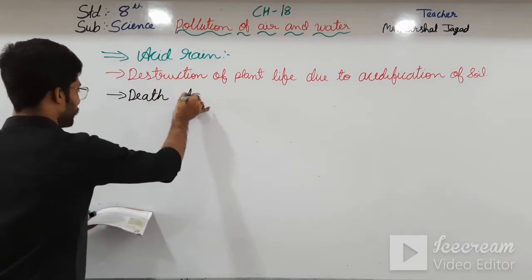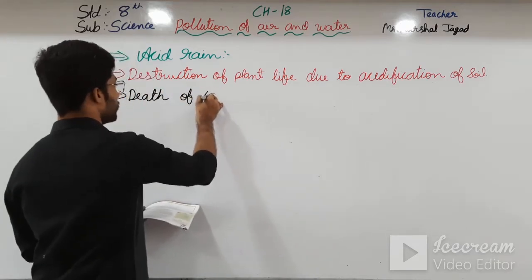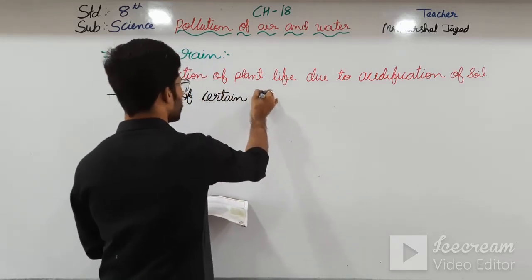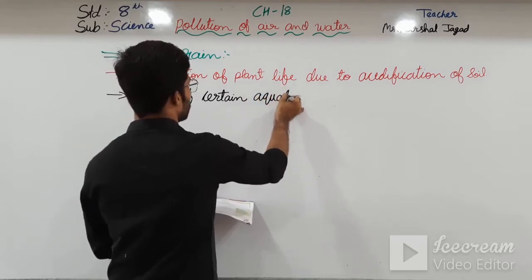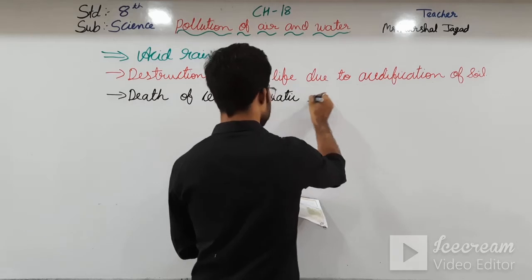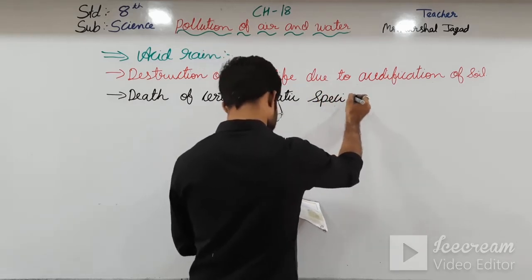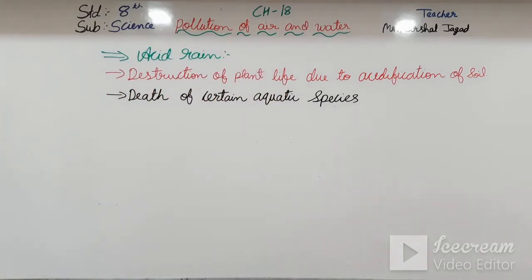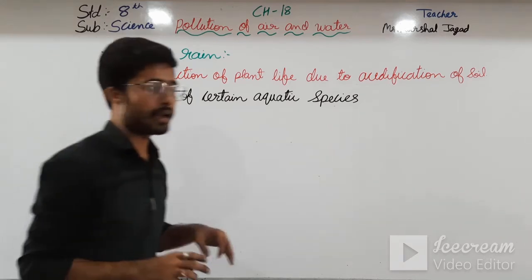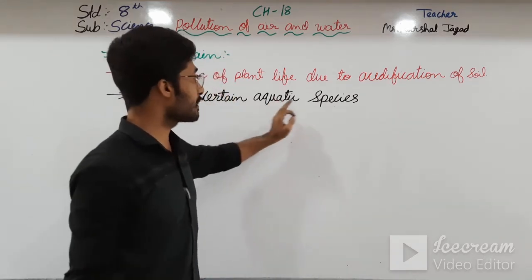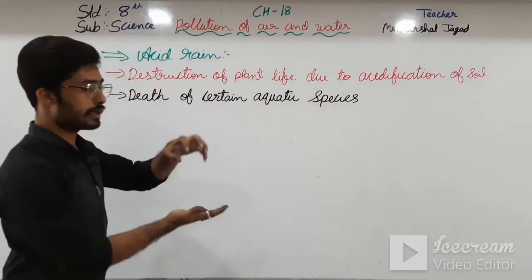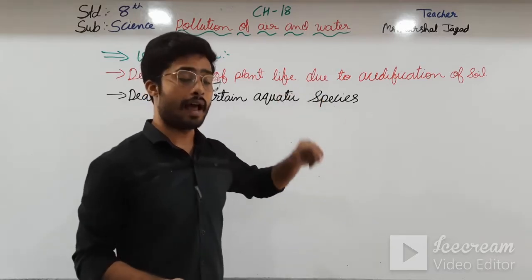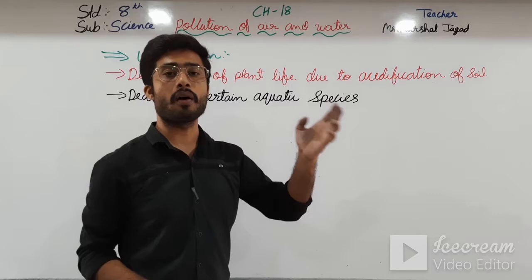When this rain falls into the sea, pond or lake, there are some aquatic species there. The water is converted into acidic water, and that will harm the life in the pond, lake or river.